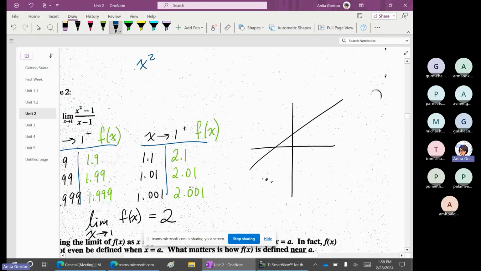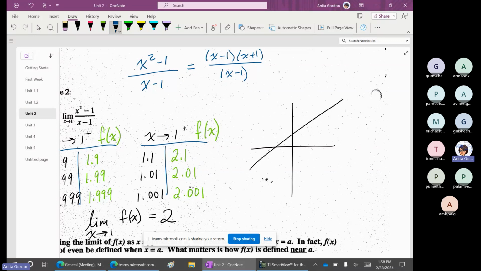When we have an equation like this, I can take a look at the top and I can factor it. What do you notice about the top? Difference of squares. So I have x minus 1, x plus 1 over x minus 1. When we're dealing with equations, factoring will always help you make it a little bit more simple.